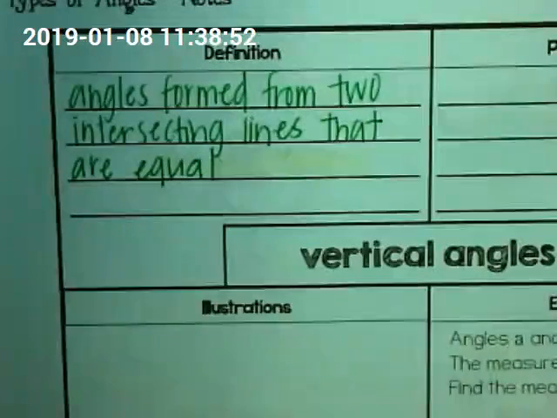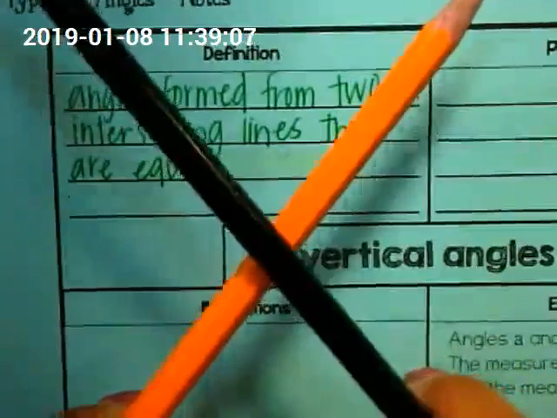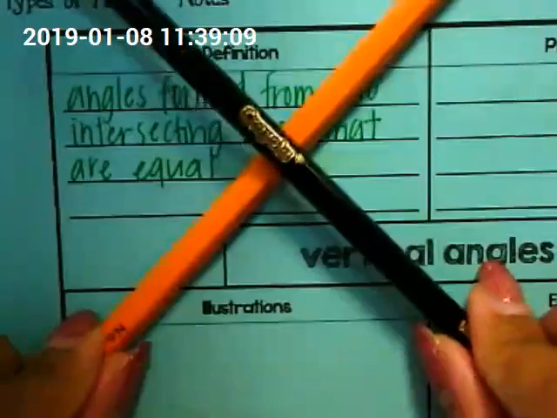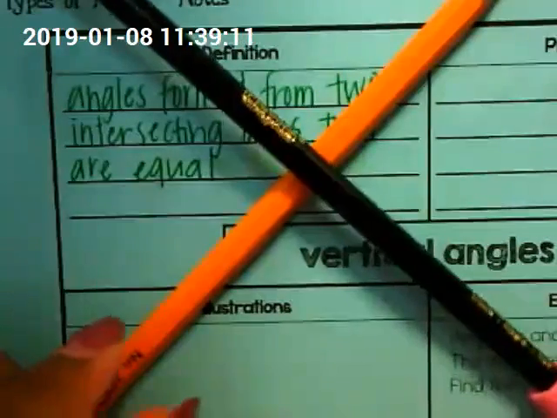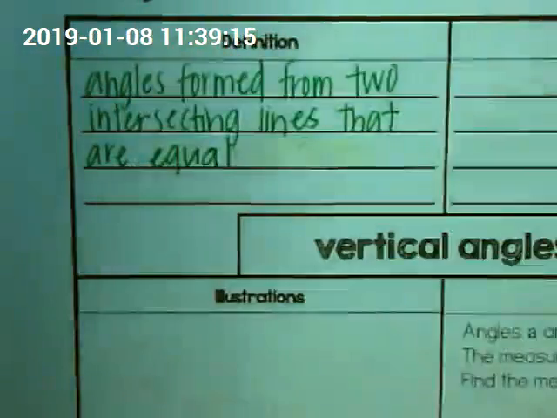If you think about scissors, actually I won't use these scissors because they're not perfectly up and down. If I use two pencils, and let's say the pencils are representing angles.